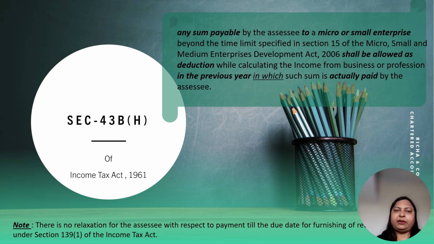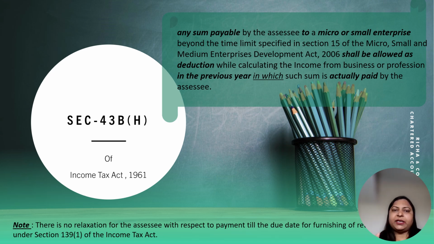So any amount paid by the assessee, meaning the buyer, to micro or small companies after the specified period prescribed in section 15 of the MSME Act 2006, which we will discuss later, shall be allowed in the previous year in which the sum is actually paid by him.